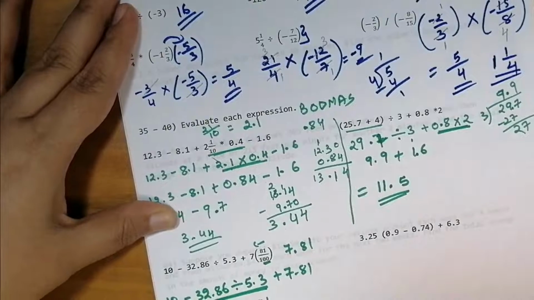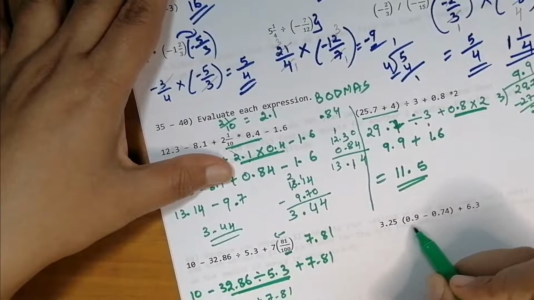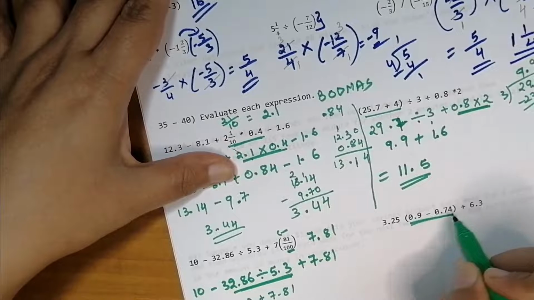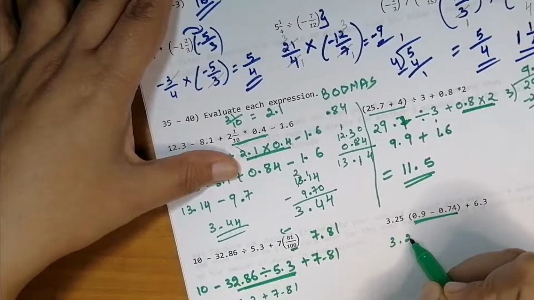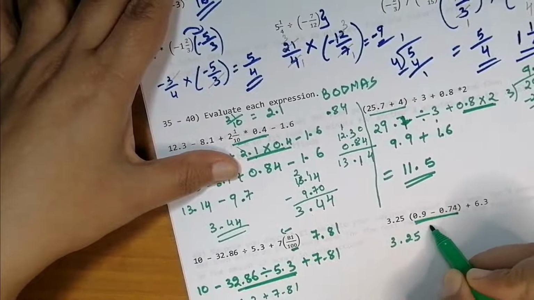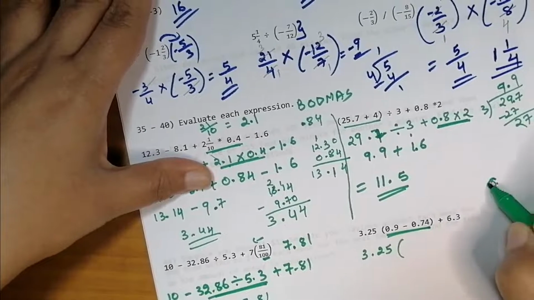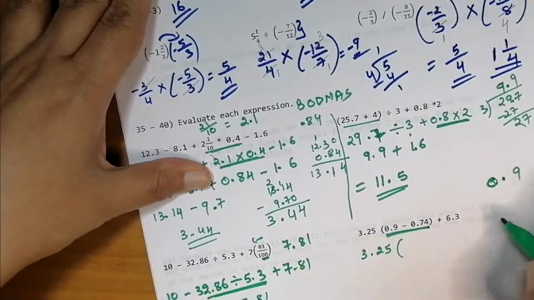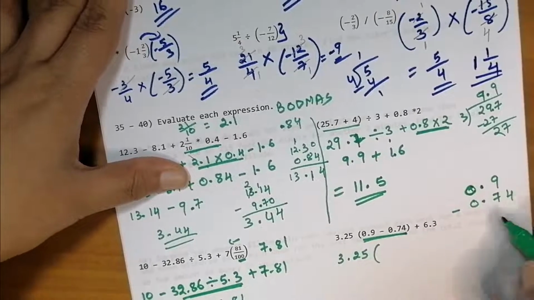And here is another question. So 3.25, and then you have this bracket. So we're going to solve this bracket first. So this is 3.25 in the bracket, 0.9 minus 0.74, right?